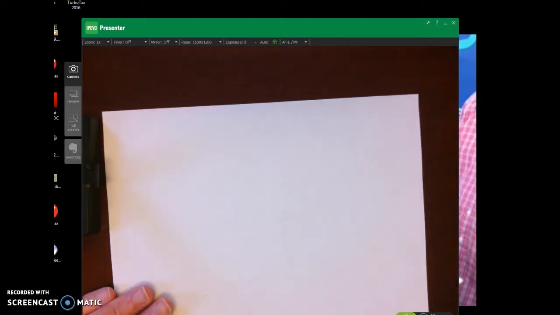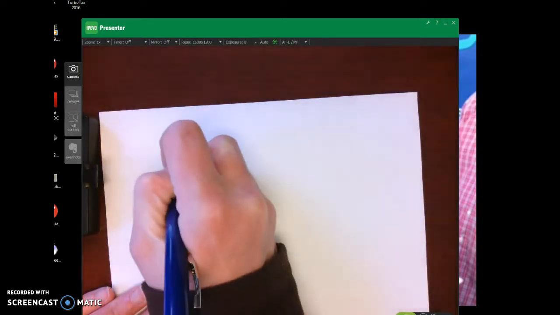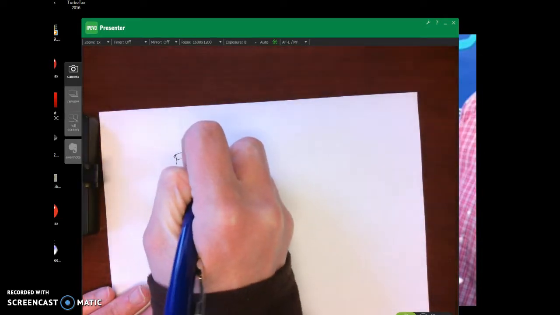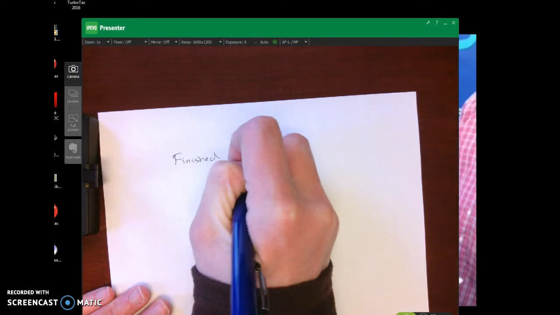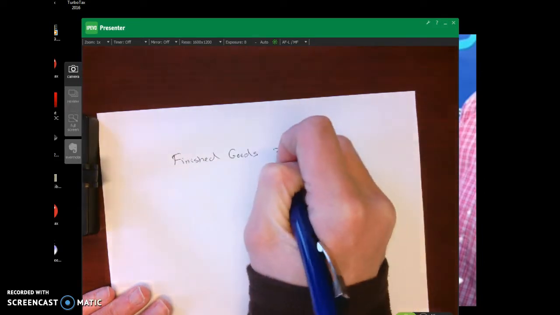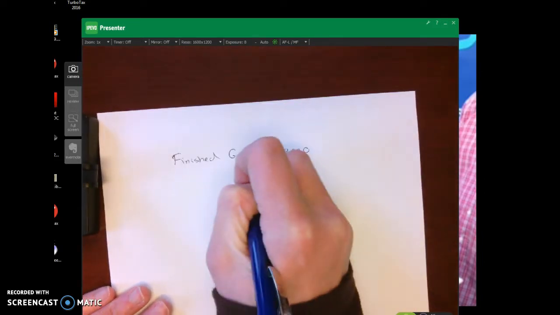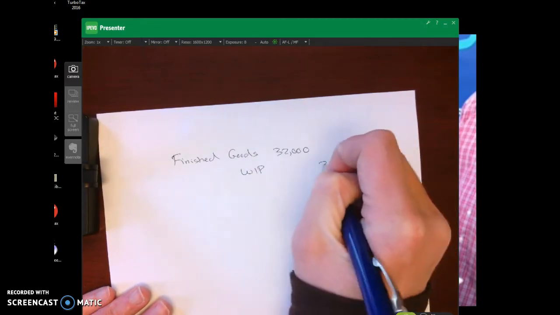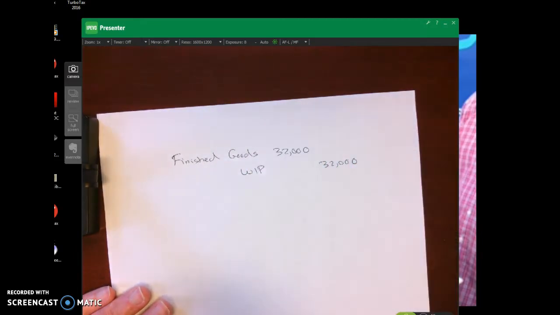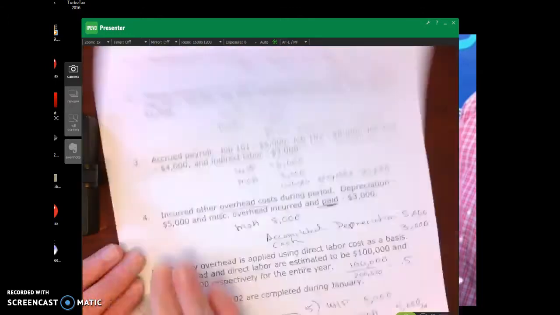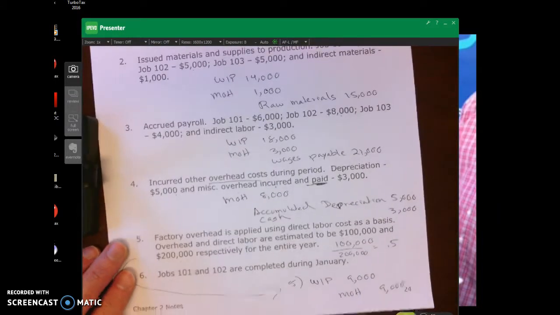One asset account, finished goods, is going up, and the other asset account, work in process, is going down. So our journal entry is a debit to finished goods for our $32,000, and then a credit to work in process of $32,000. That is number 6 right over here.